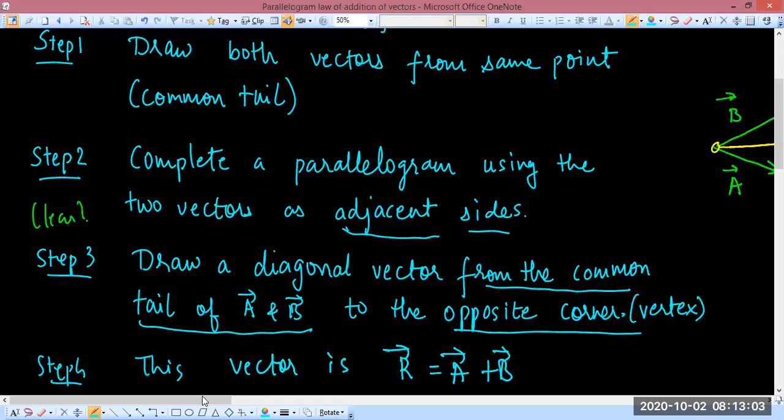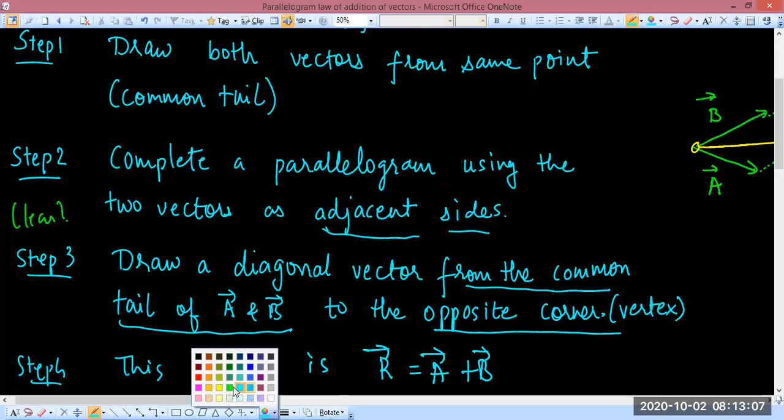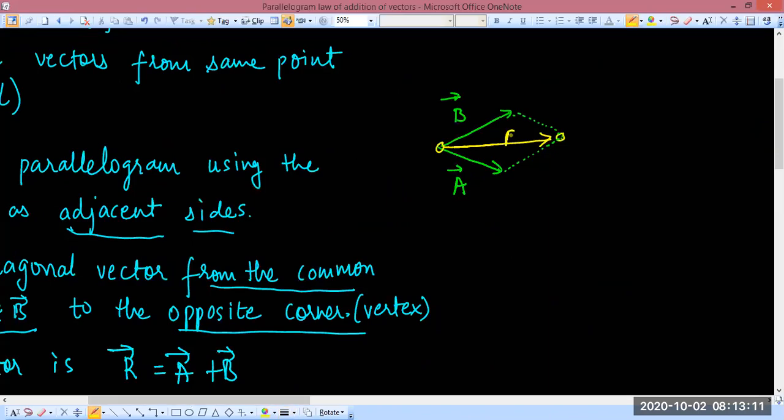That's how you add. So in four steps, you have added a vector plus b vector. So this is r vector. Again, r vector stands for a vector plus b vector. Okay, that's how you do it. Clear? Are all the steps clear, everyone?